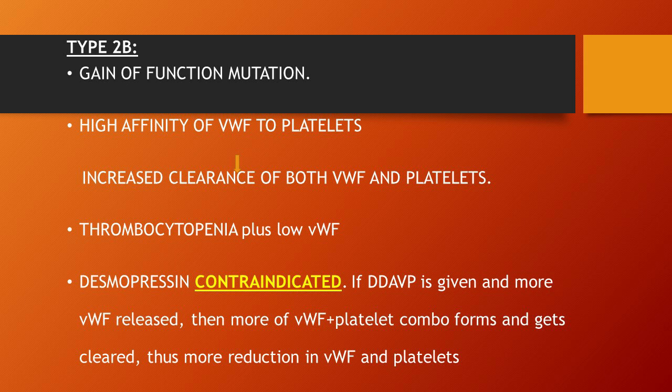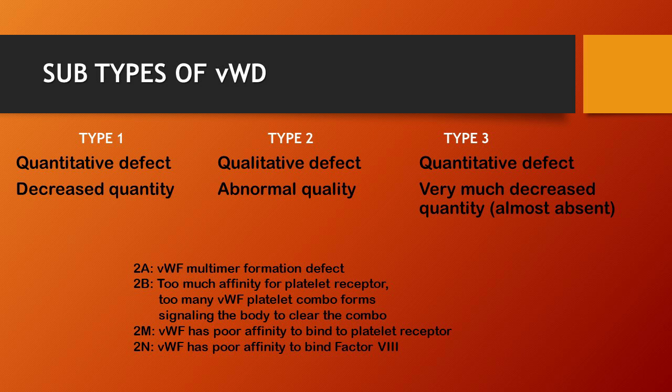Can you give DDAVP in, say, type 2M and 2N? Actually, you can give it. In type 2M, there is decreased affinity for platelet. In type 2N, there is decreased affinity for factor 8. Although the affinity is decreased, if you increase the number of von Willebrand factor molecules, again you will have some effect.